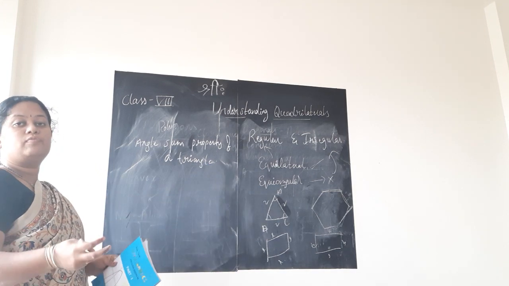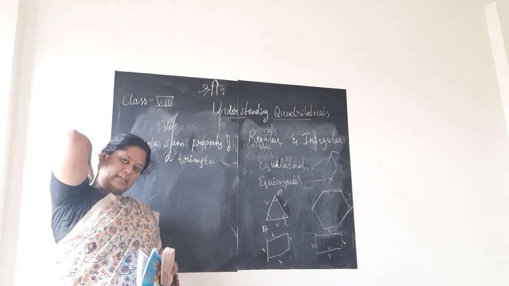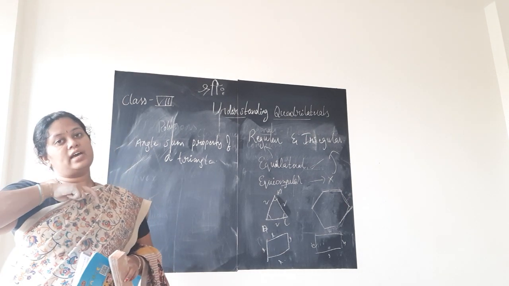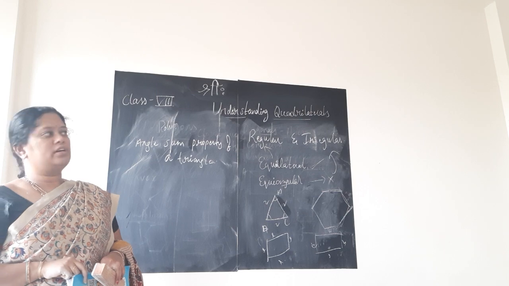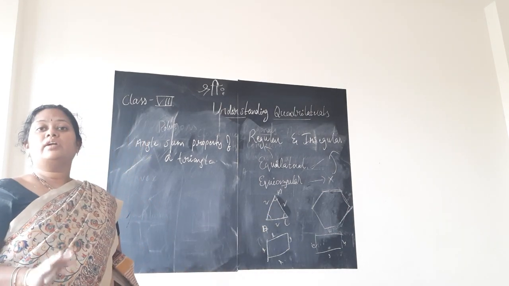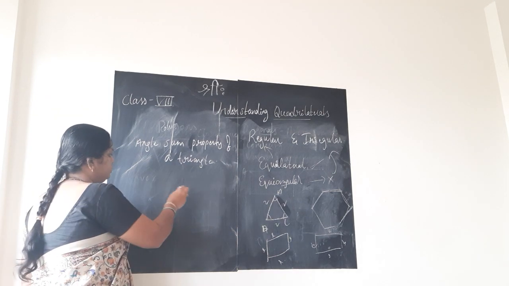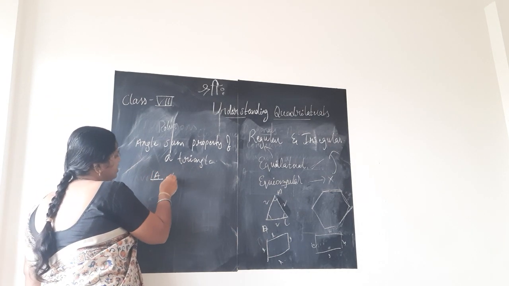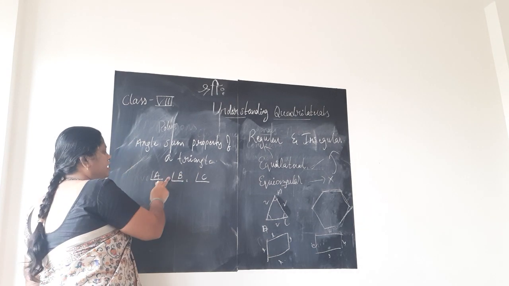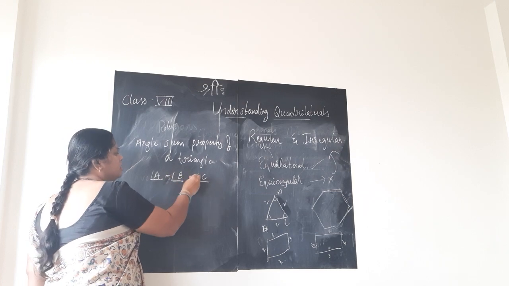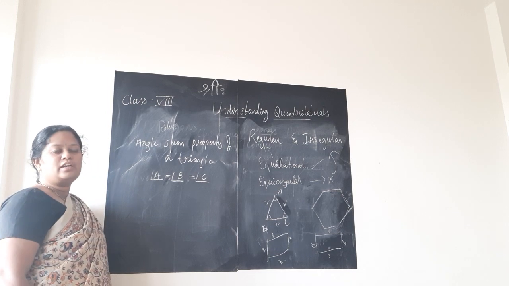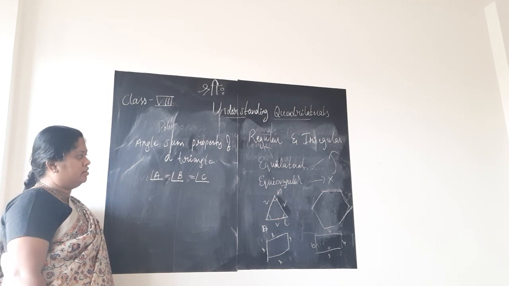Just now I told you what an equiangular triangle is. If in a triangle all the angles are equal, then such a triangle is said to be an equiangular triangle. You have three angles, angle A, angle B and angle C. If angle A equals angle B equals angle C, then what should be the value of each angle is the next question.